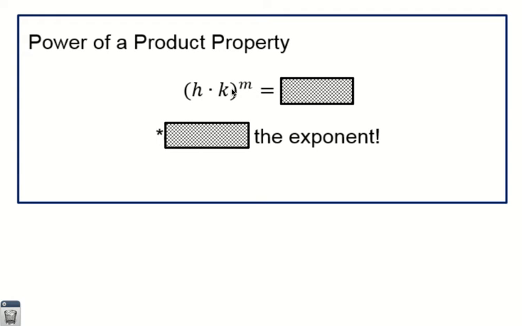So if you have a bubble of multiple factors, like h times k times j, if they're all factors multiplied together in a bubble, and it's being raised to the m power, it's essentially this, where you're raising all the factors to that m power, as a shortcut.